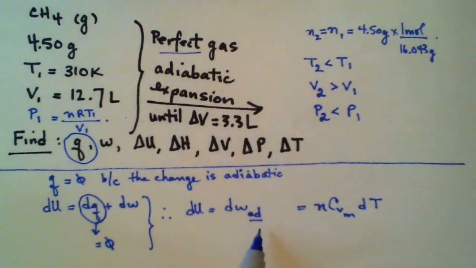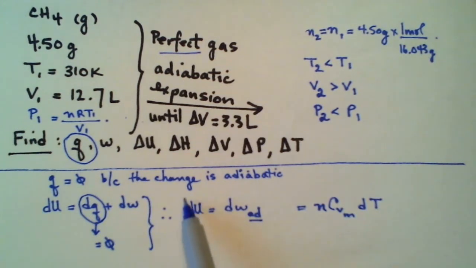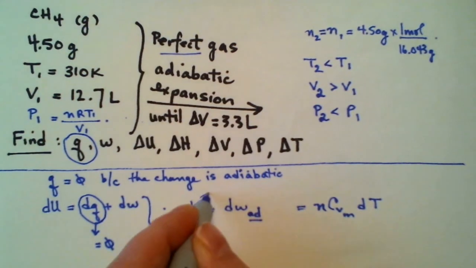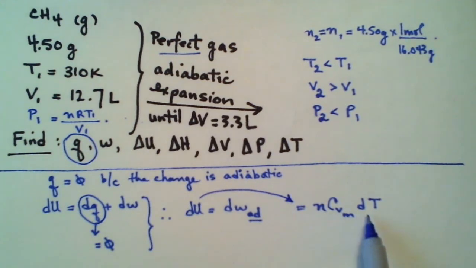So when there's an adiabatic connection between the initial and final states, my work is equal to the change in internal energy. And so that would integrate as delta U is equal to adiabatic work. And I know that dU independently is equal to n Cv molar dT.